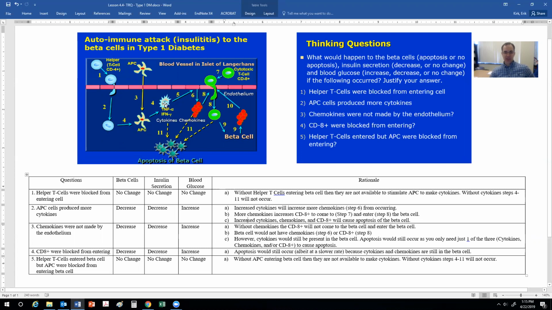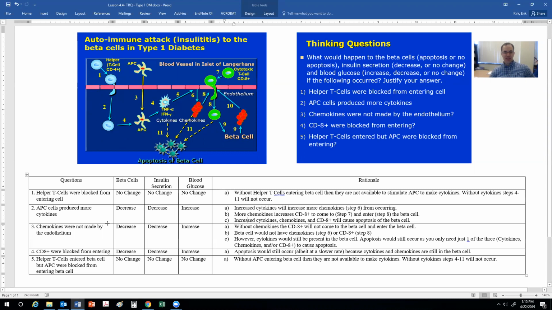However, without the helper T cells entering the beta cell, they would not be available to stimulate the APC to make cytokines, and therefore steps 4 through 11 will not occur. So essentially you would have no change in the beta cell, insulin secretion, or the blood glucose level. The key thing here is that not getting the helper T cell into the beta cell itself would not allow for the rest of the steps to occur.